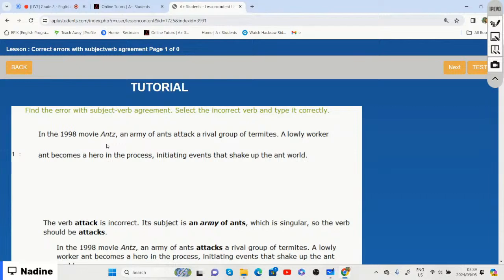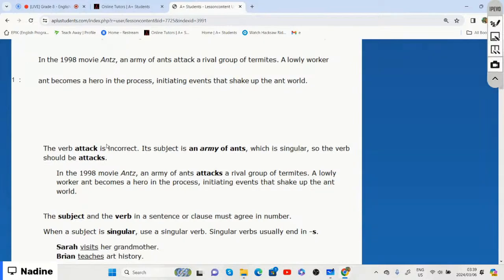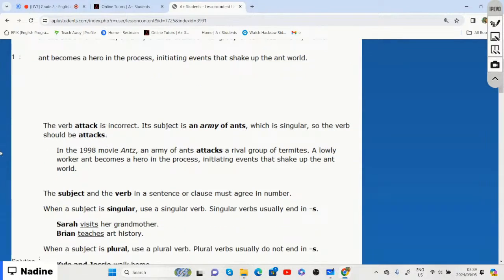So we can say, in the 1998 movie Antz, an army of ants attacks a rival group of termites. That is how we rewrite it correctly. A lowly worker ant becomes a hero in the process, initiating events that shake up the ant world. Remember, if our subject is plural, the verb won't have an s at the end.